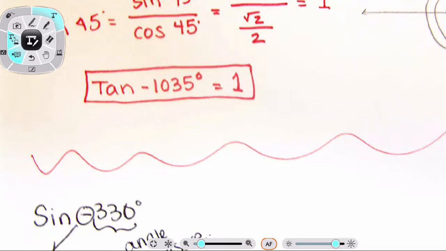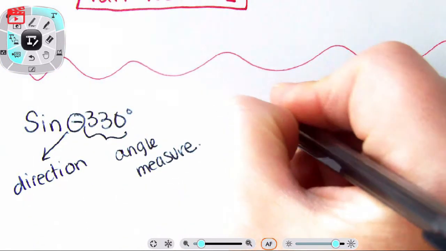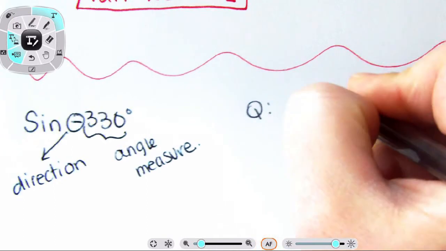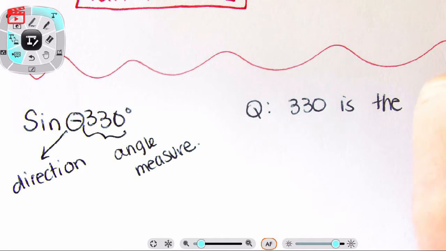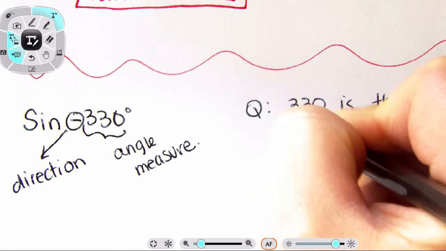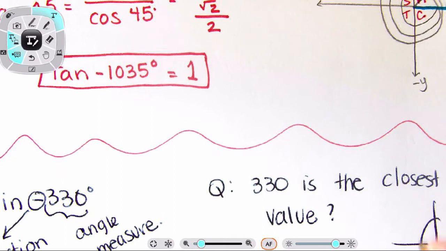We're going to ask ourselves, question 1, 330 is the closest to what value? And when I'm asking that, we're asking ourselves these values.